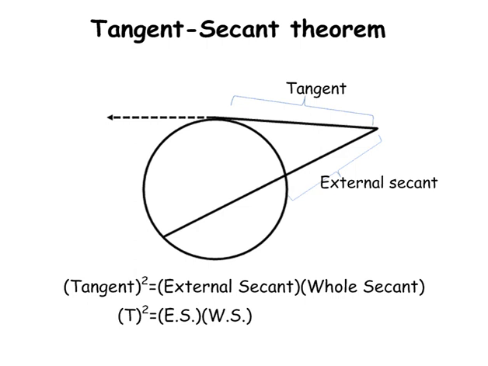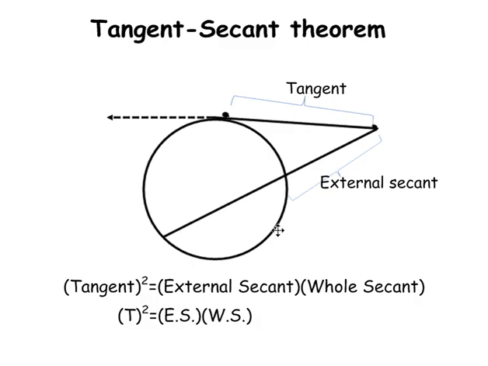The tangent-secant theorem says the tangent squared equals the external secant times the whole secant. When it says tangent, it is referring to the segment that goes from this point to the point of tangency.